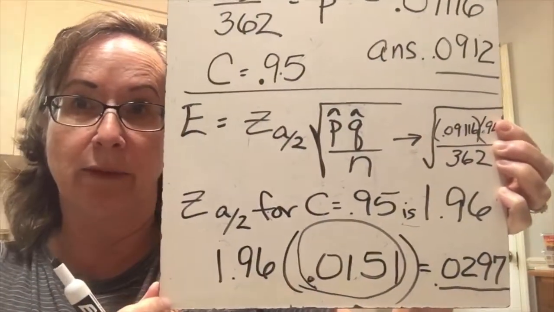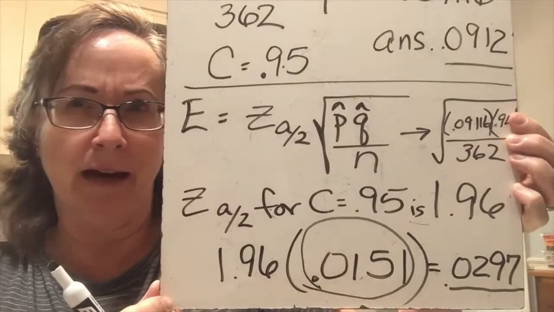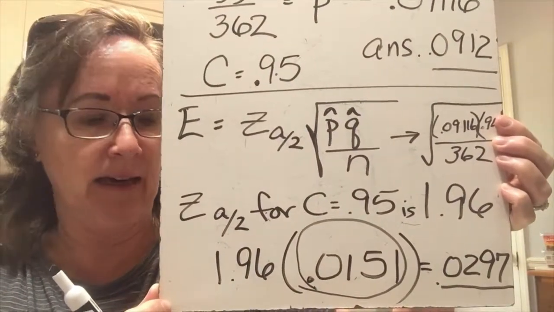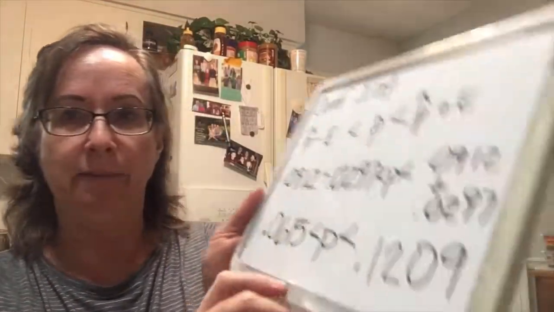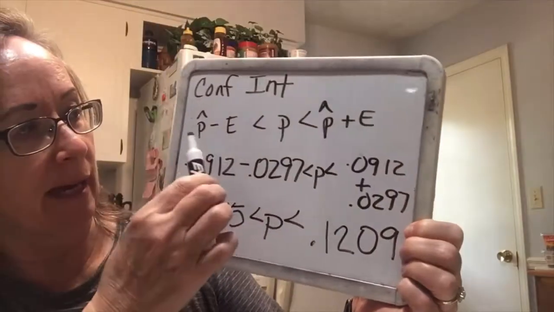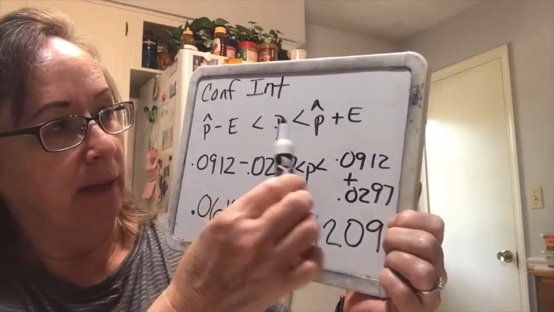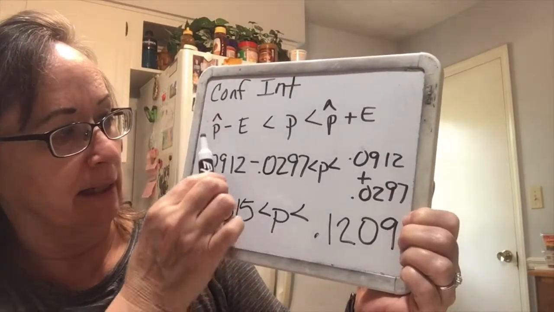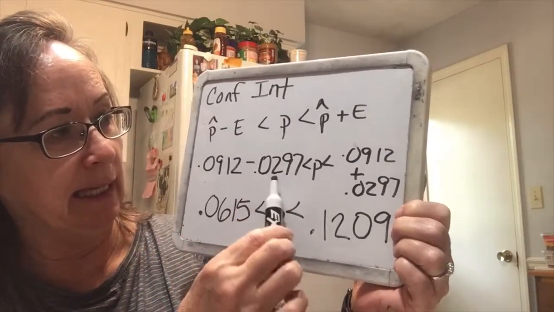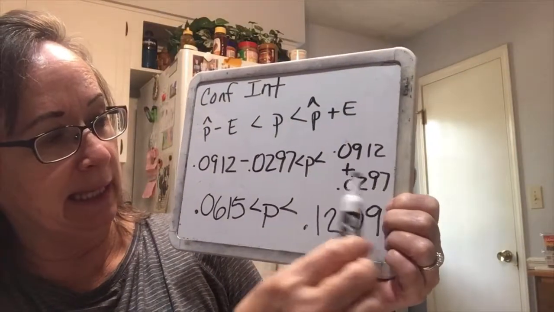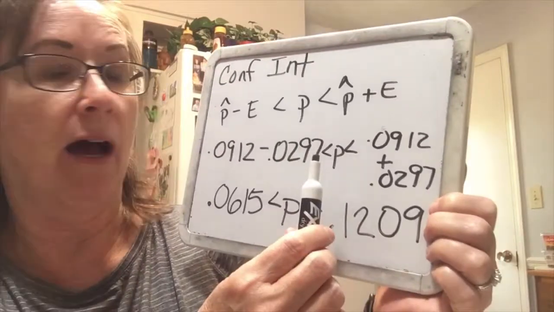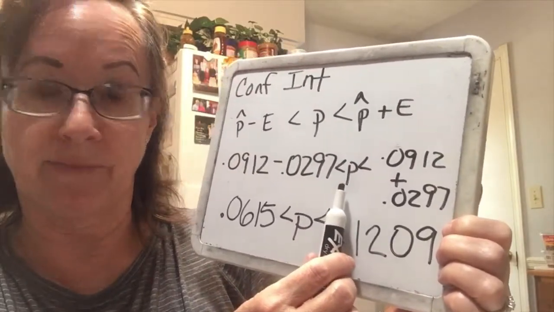Now I'm doing my confidence interval, and that is very easy once I've got my p hat and my E. I take p hat minus E and p hat plus E, and my true population proportion should be in there with 95% confidence.